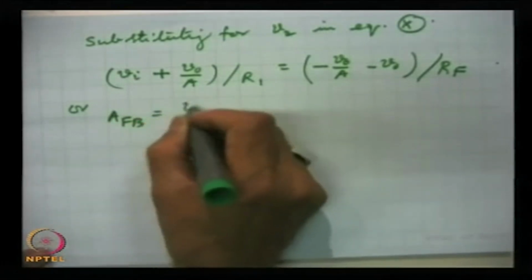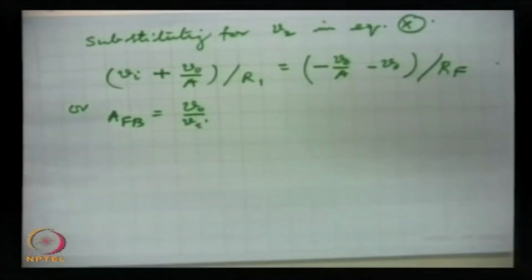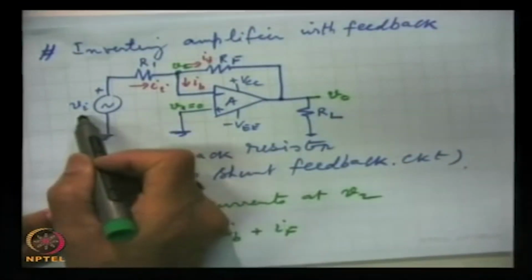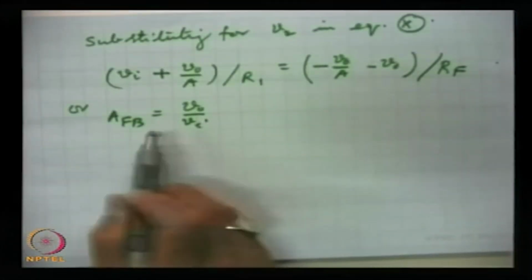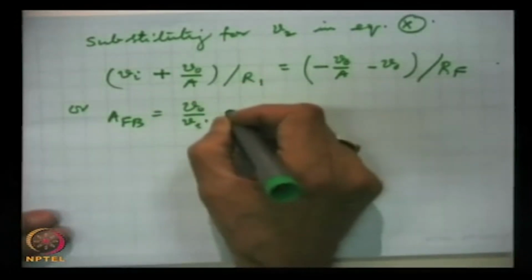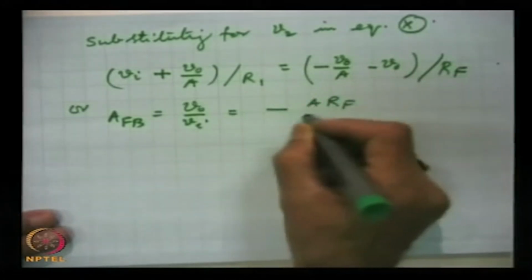This is equal to V0 by Vi. Output is V0, input is Vi. So, this is the voltage gain of the total amplifier, and this is equal to minus ARF.